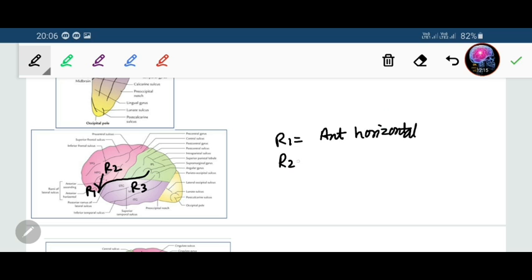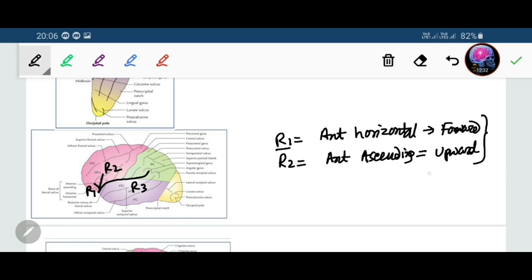R2 is the anterior ascending. R1, or anterior horizontal, passes forward. R2, or anterior ascending, passes upward. Both R1 and R2 are of the same length, about 2.5 centimeter.